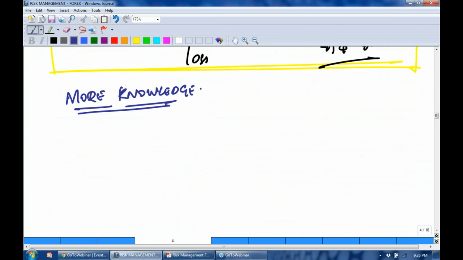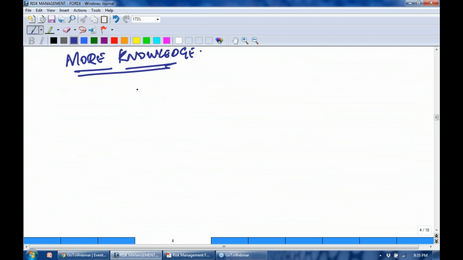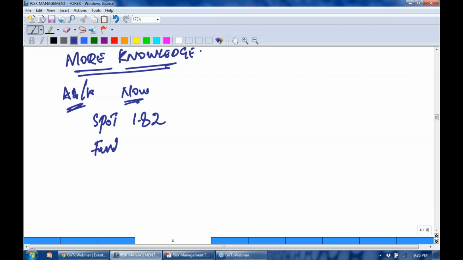Now, same question. Spot is 1.82 Australian dollars per sterling, and the bank has offered the forward 1.9. Now is 1st January 2019 and the transaction is on 1st March 2019.